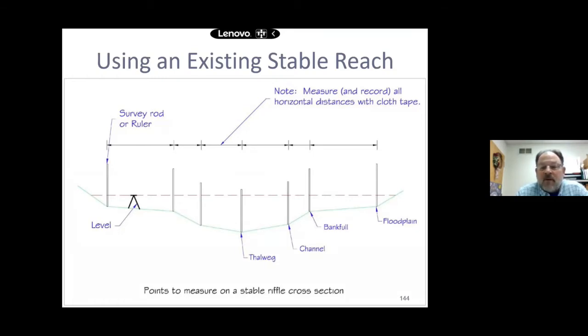That's probably the most important section of the survey. The survey will give us a channel bottom width that's existing, and it'll give us the size of the floodplains that exist there. So once we get all those measurements, then we can duplicate that in another section of the stream channel.